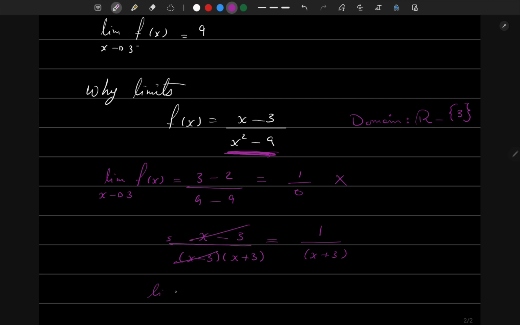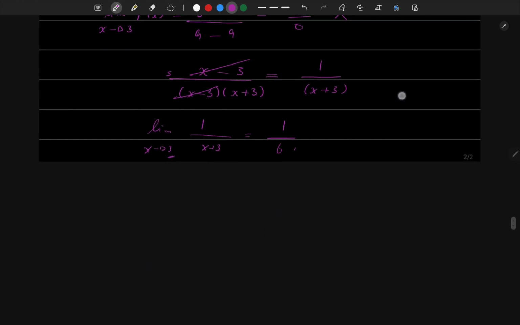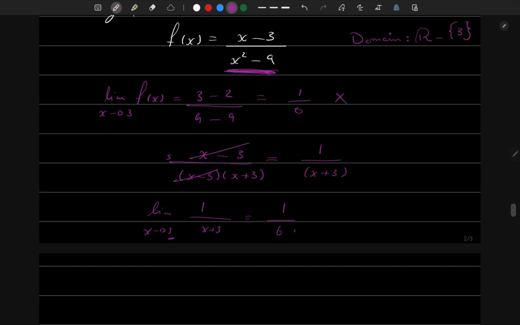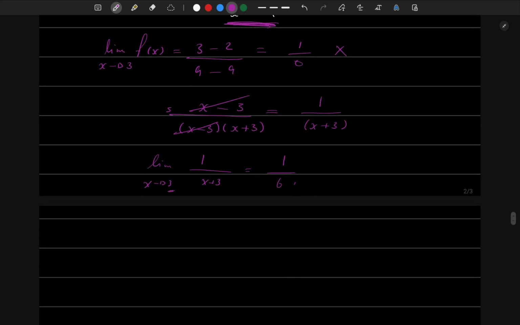So the limit of 1 over x plus 3 when x approaches 3 is going to be 1 over 6. So I cannot find the function at 3, but as x approaches 3, I know that the function will approach 1 over 6.